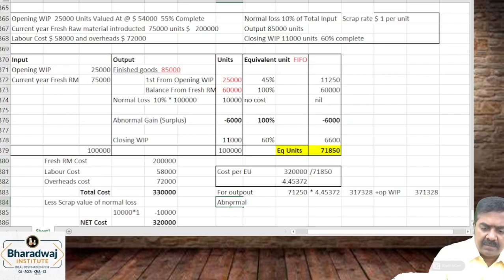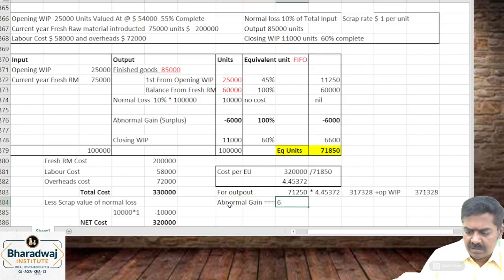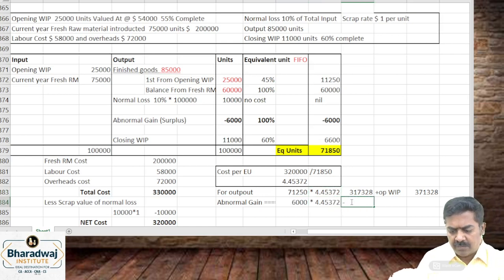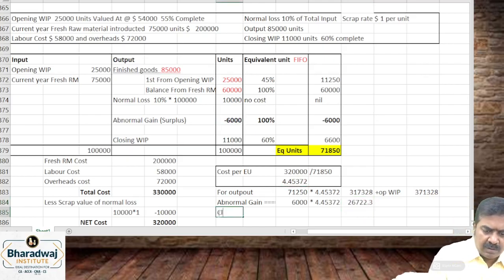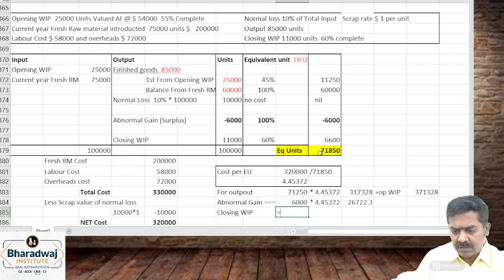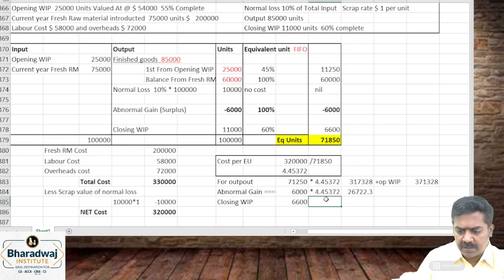Abnormal gain. What is abnormal gain? 6,000 units. This is the cost allocated for abnormal gain. 6,000 units into this value. Closing WIP. Closing WIP, 6,600 equal units.